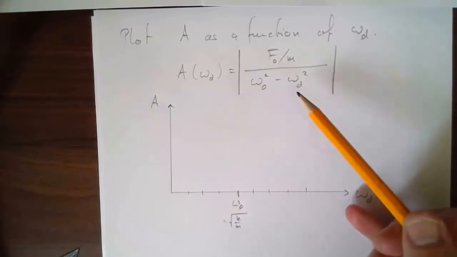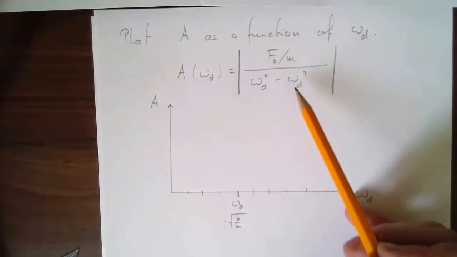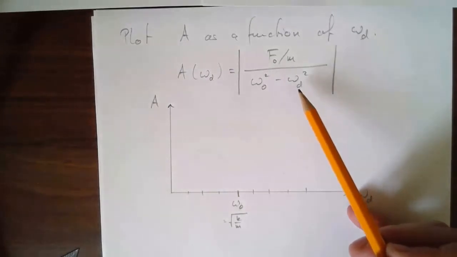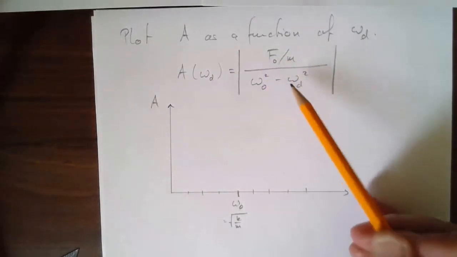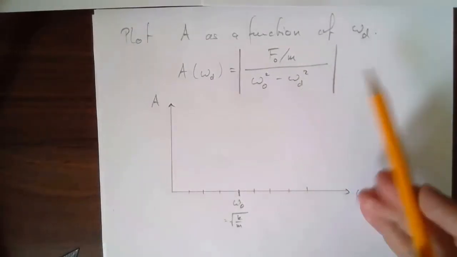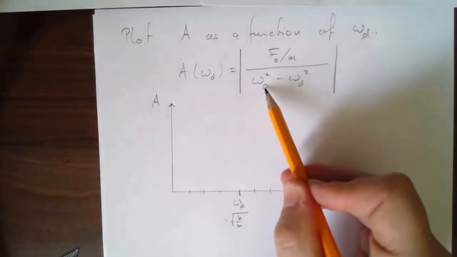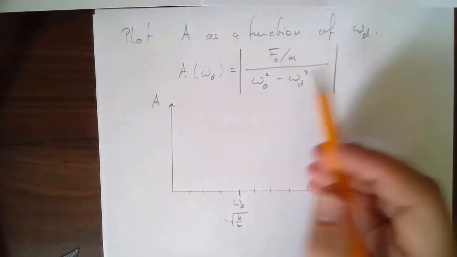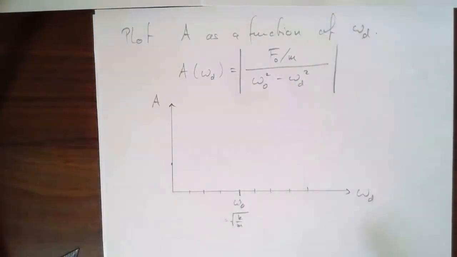Let's figure out what happens if the driving frequency is 0. It means I just push with a constant force. When I plug in 0, I'm not going to get 0. I get F naught over m over omega naught squared. That's some non-zero value that's somewhere here.